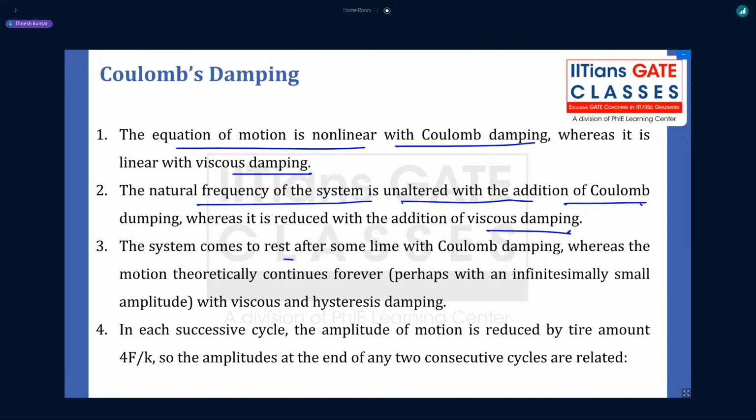The system comes to rest after some time in case of Coulomb's damping, but in case of viscous damping with an underdamped system, theoretically the system will not come to rest. Now the fourth part: the total loss of amplitude is 4F by K in case of Coulomb's damping, but in case of viscous damping with underdamping, we have seen the logarithmic decay of the amplitude.